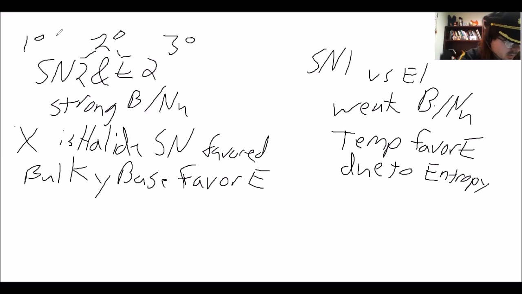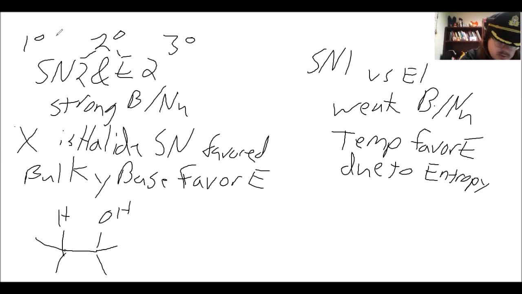One good example of this E1 is alcohol dehydration. If we look here, let's draw this compound, with OH.